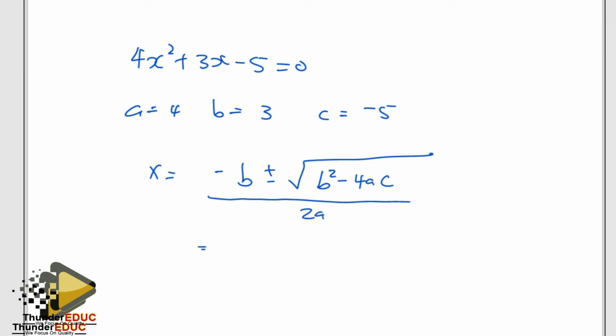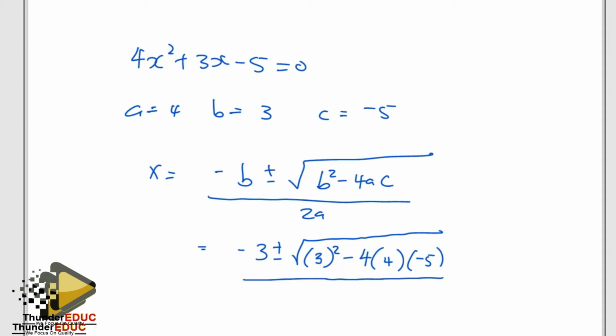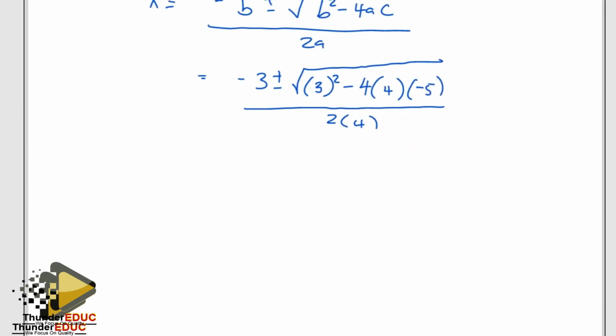If I try to do the substitution, that's going to be negative 3 plus minus the square root of I have 3 squared minus 4 times my a, which is a 4 again, and then my c, which is a negative 5, and then I divide this by 2 by 4. Okay, you can go on and try to simplify that further or break it down.